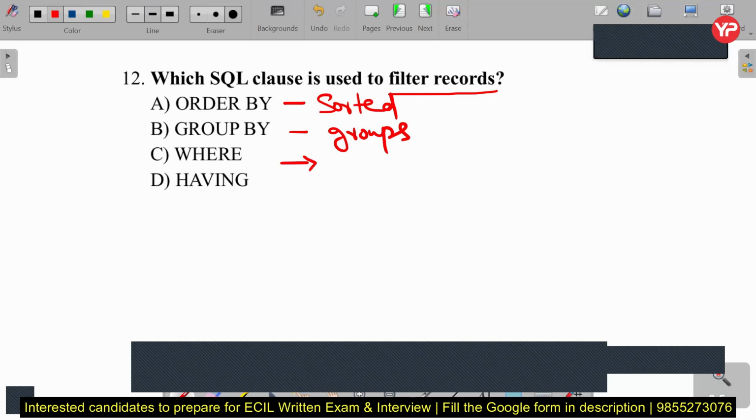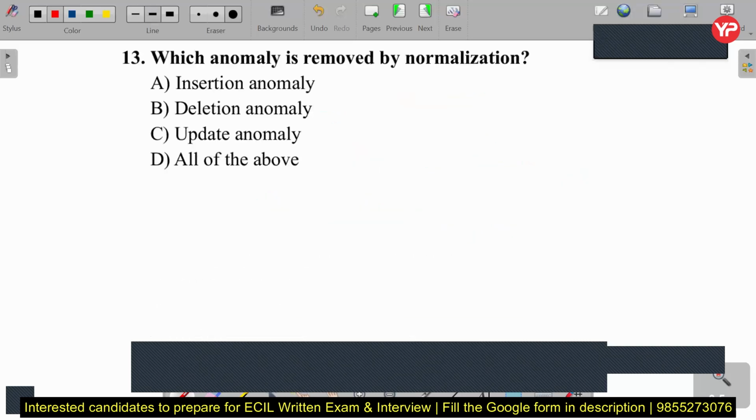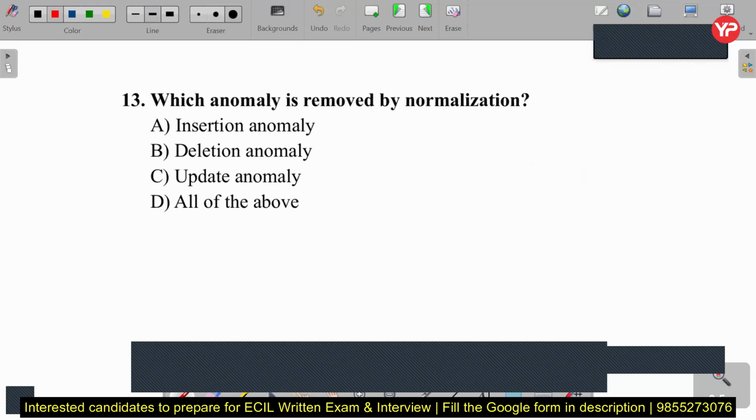Where clause is a condition, that means we can say it is used for filtering, filtering based on some condition. And having clause is again a condition, but that condition is on a group, not on an individual row. So the more appropriate answer is where clause. Fine.